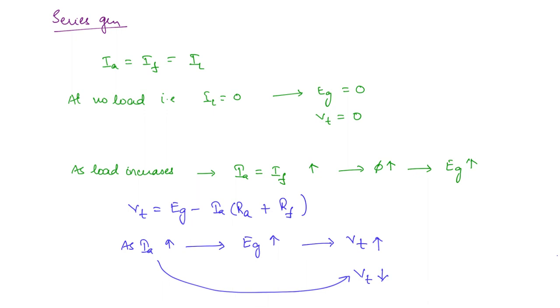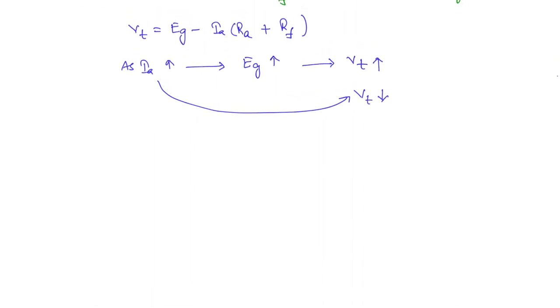So what happens is, in the initial values of current, the increase in Vt will dominate, the increase in Vt because of the increase in Eg. But as current keeps on increasing, then this other effect will start dominating and Vt will start reducing. So now you can draw the characteristics. The internal as well as external characteristics we are going to draw on the same graph, Eg and Vt.